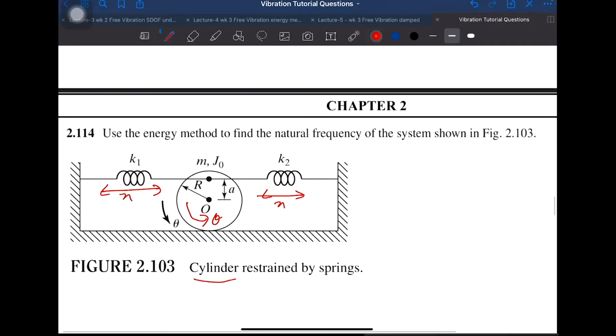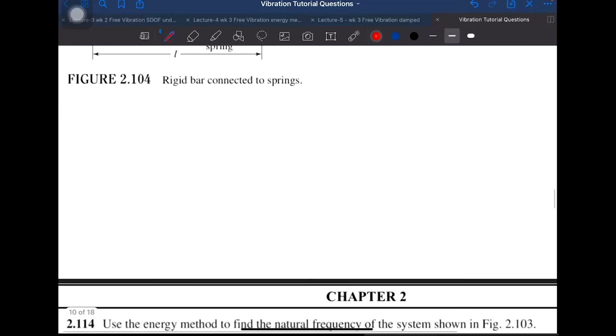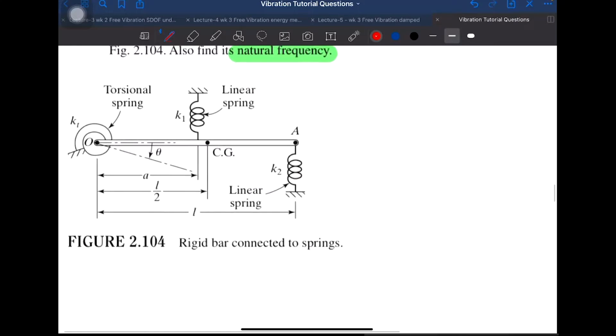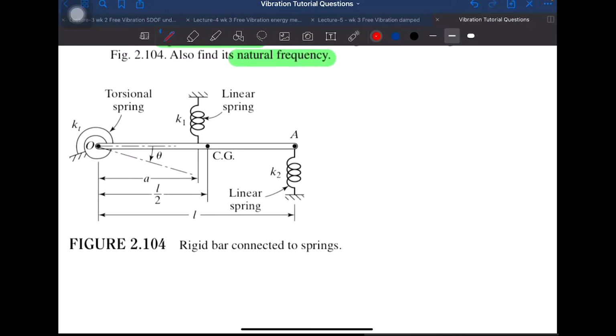There are two motions here, so you can either calculate your answer in X, or you can choose to calculate your answer in theta. But for this question, there's just one motion here, which is rotational. So you can only use rotational for the whole calculation.